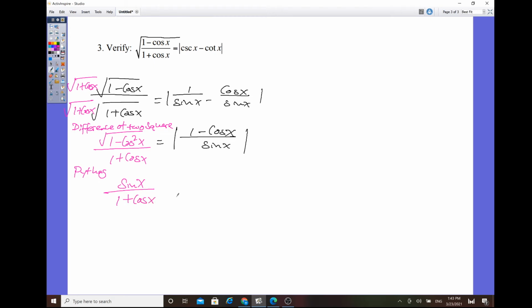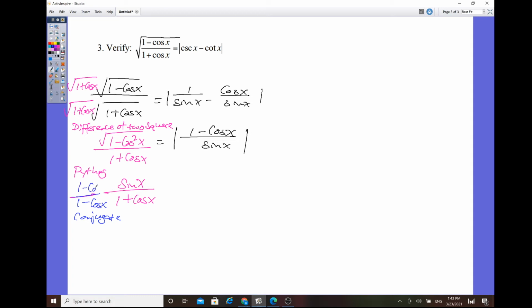And you might be wondering, wait a minute, the left-hand side is not the same as the right-hand side. So one more thing we need to do: rationalize. This time we multiply by the conjugate of the denominator, top and bottom, which is 1 minus cosine of x.